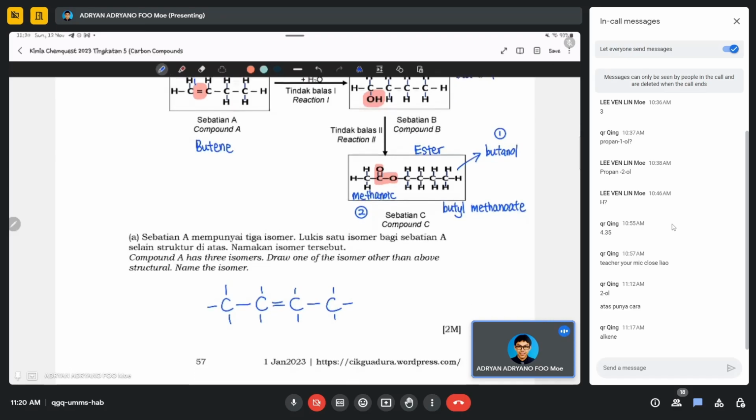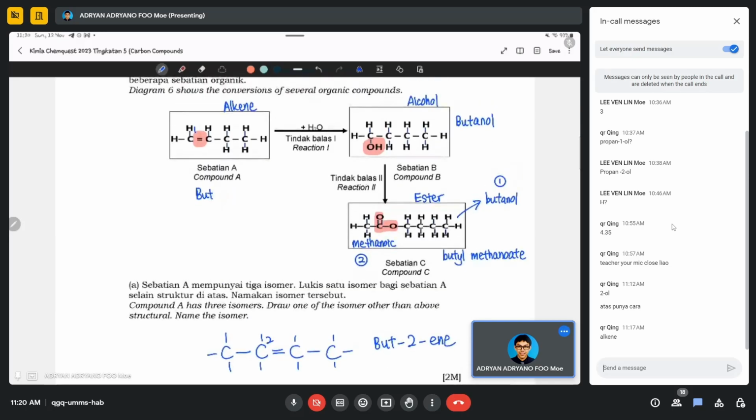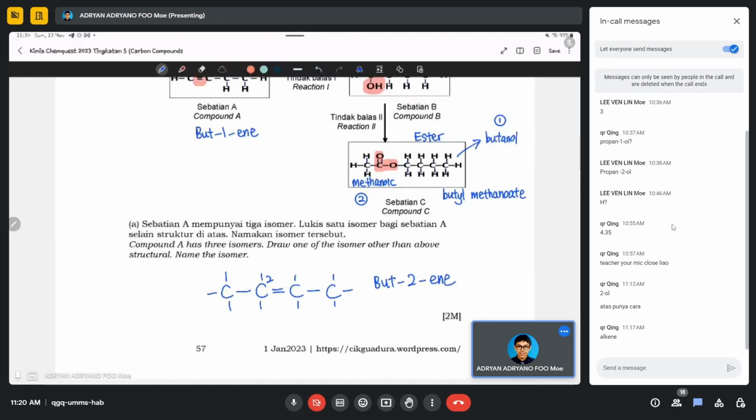Now the double bond at the second carbon. So the name will be but-2-ene. 看到吗？刚才那个是 but-1-ene，现在变成 but-2-ene。So this is your answer, but-2-ene.